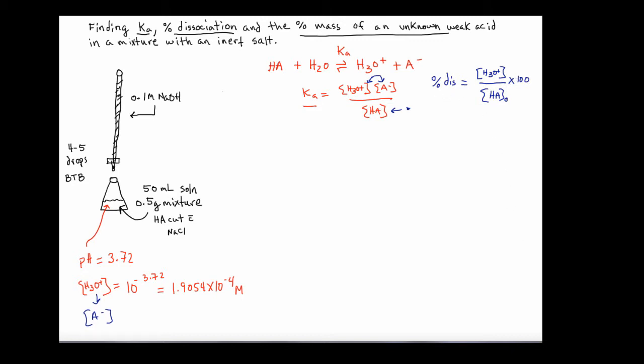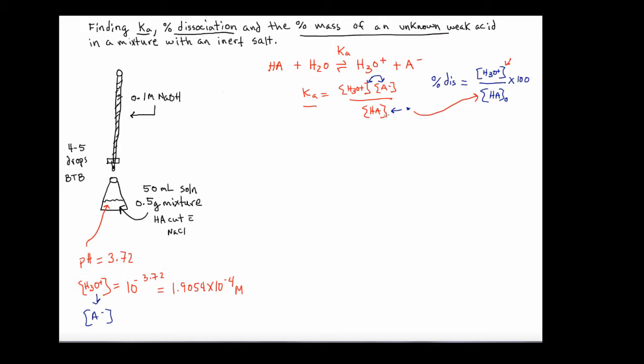So the pH has now given us the H3O+, and what we need to find now is the HA because we need it for both of these subsequent calculations. I'm going to do the percent mass of the unknown acid last.